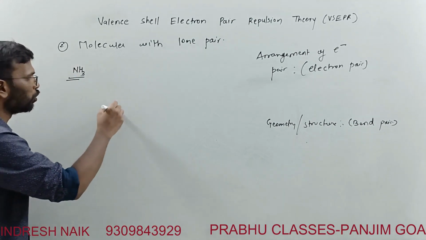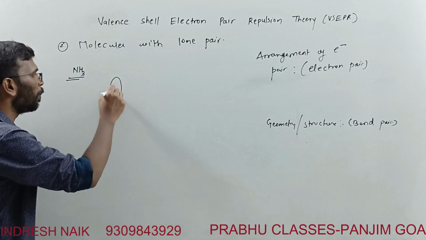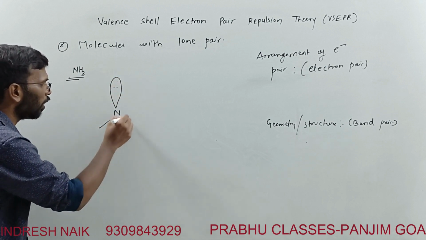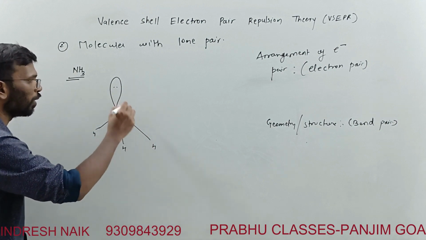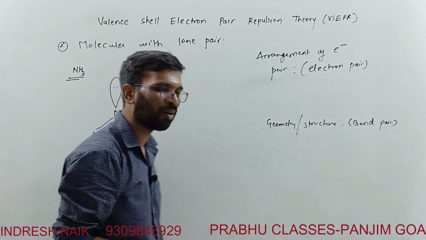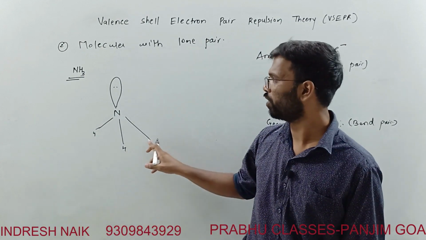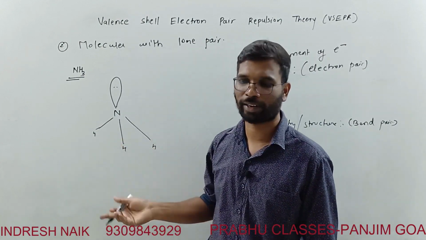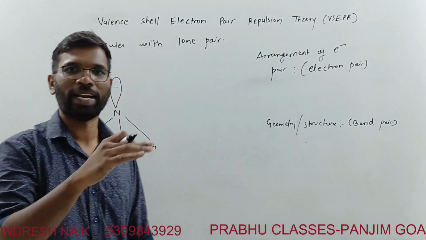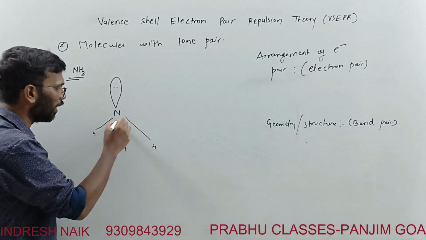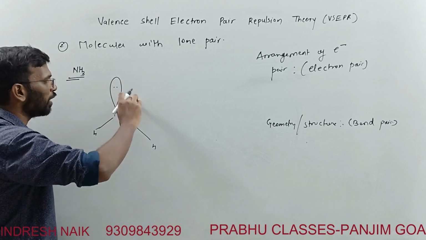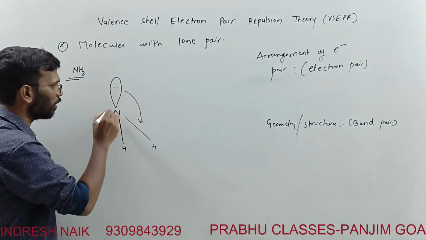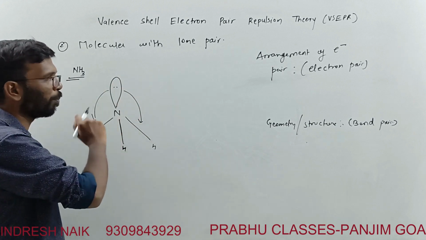Nitrogen, there is a lone pair on this, and these are the three hydrogens. Obviously, there will be much more repulsion between lone pair and bond pair. So here, bond angles won't be the tetrahedral angle. Tetrahedral angle is 109.5. That angle won't be there. It will be less than that. This lone pair is going to push this to more extent from both sides, because it's lone pair, bond pair repulsion.